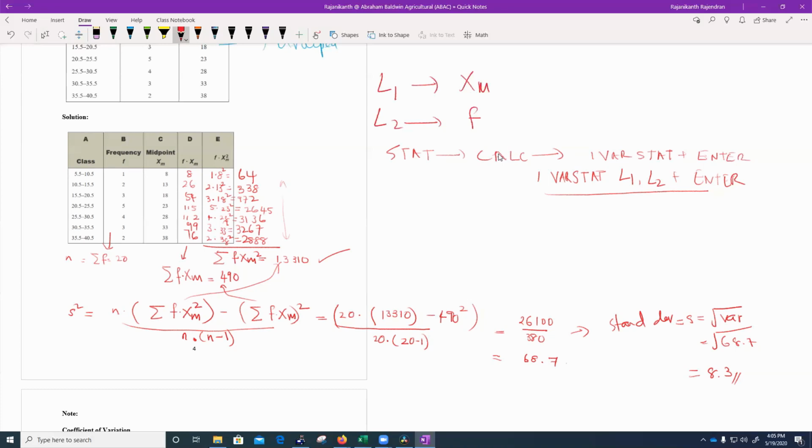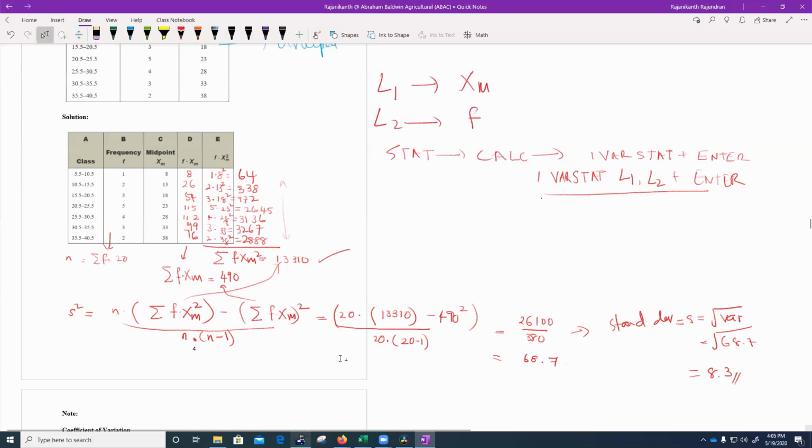If you want, you could use the same command here to find the sample mean. Anyway, you are going to get a bunch of summary values for the given grouped frequency distribution table. Okay, so let us follow these.